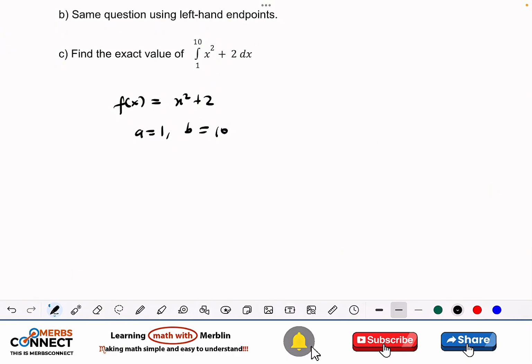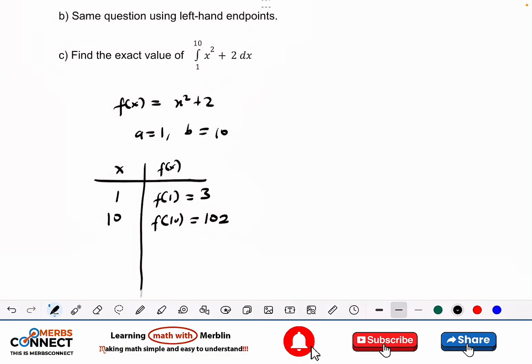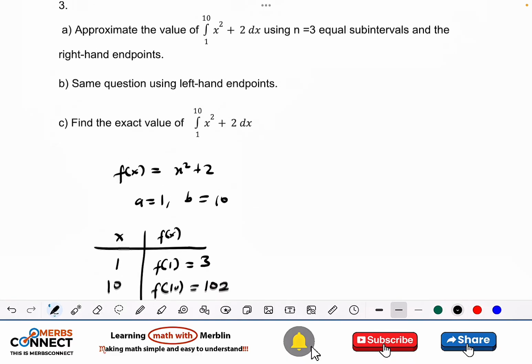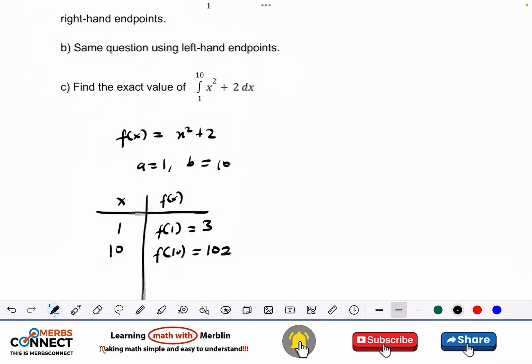We are going to have a table with x values 1 and 10, and our f of x. What is f of 1? When I plug in 1 here, I get 3. Then when I plug in 10 here, I get 102, because 10 squared is 100, plus 2 is 102.